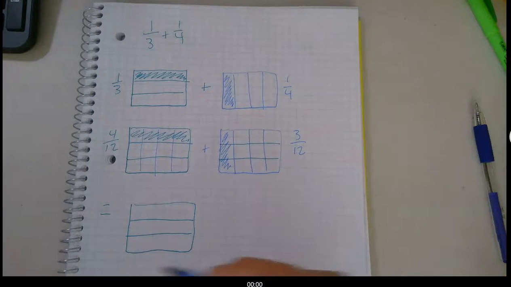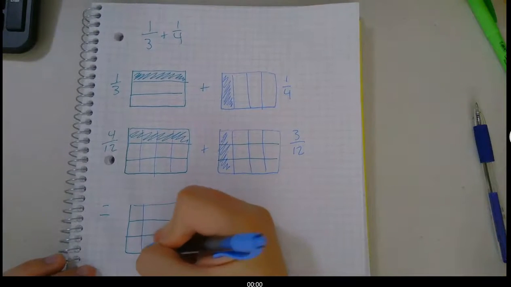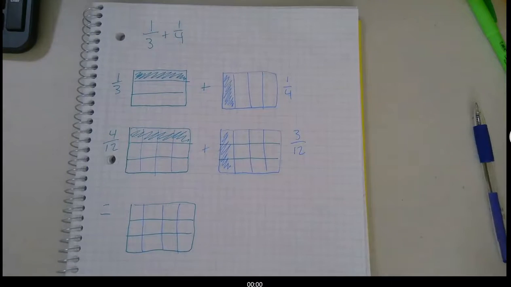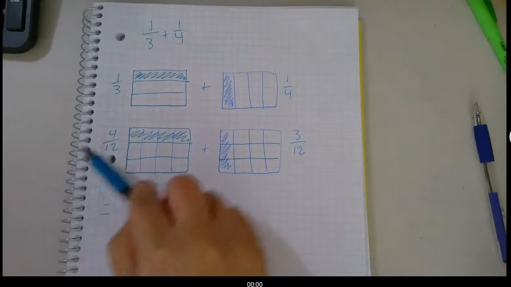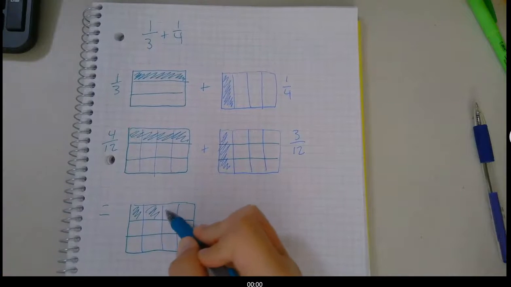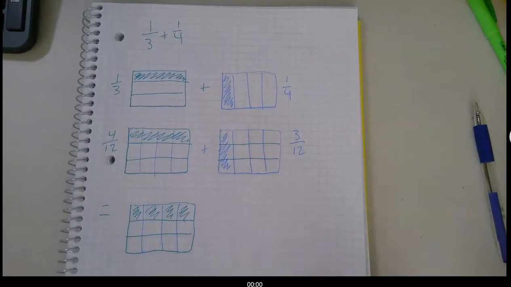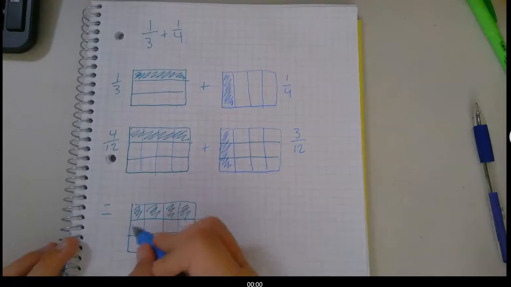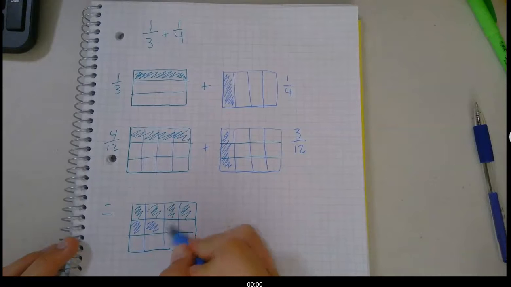And we're going to split it into 4s now to get that 12. 1, 2, 3, 4. So now we see that we have 4 twelfths, so we're going to shade in 4. 1, 2, 3, 4 of the 12. But since we're adding, we also have to include these 3 twelfths. So we're going to add 1, 2, and 3.